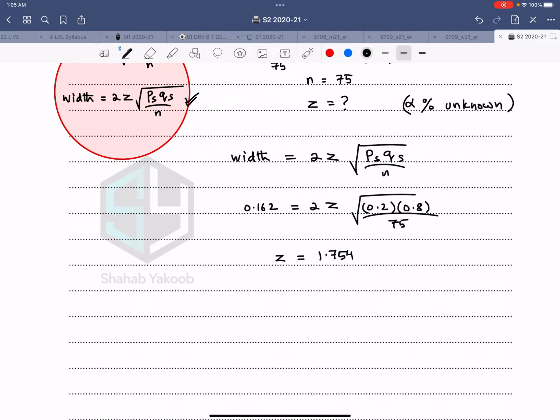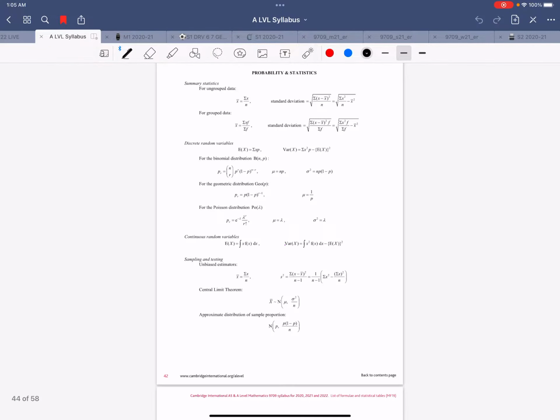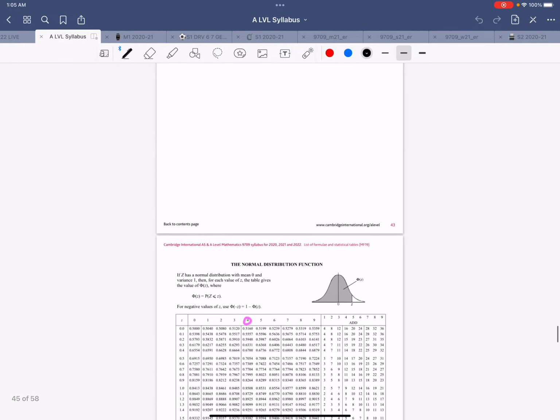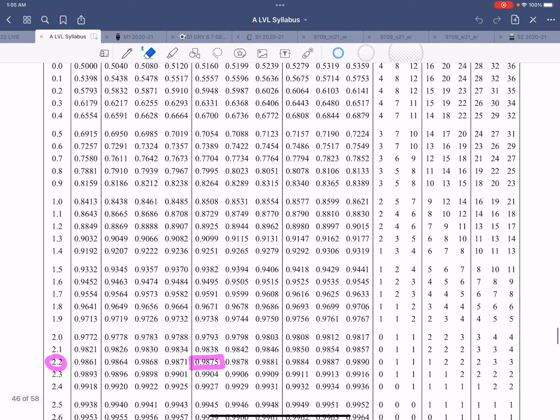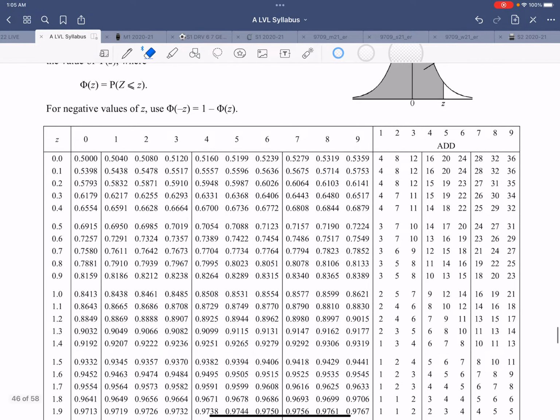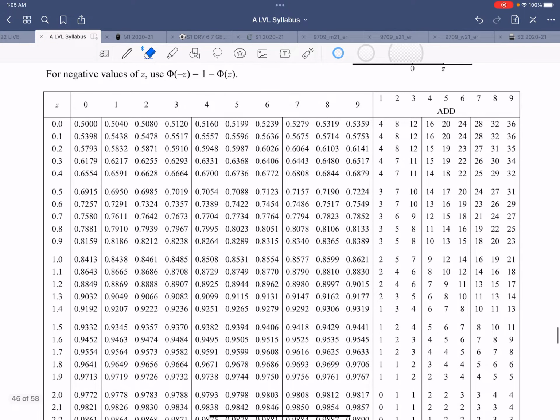Now let me go to the normal distribution table, and let me clear anything that is here from before, and the Z is 1.754. So let me locate 1.754.